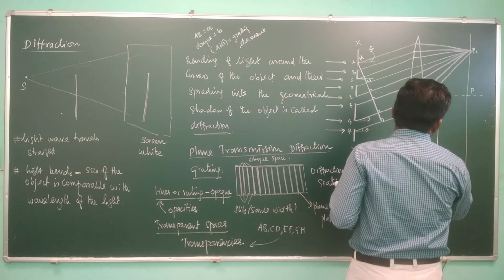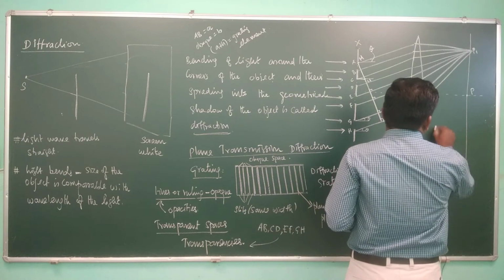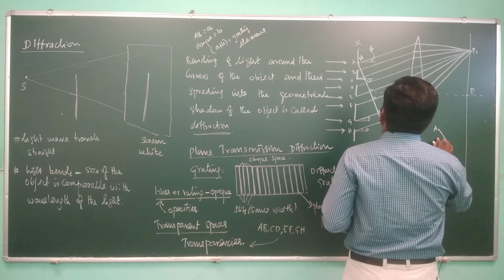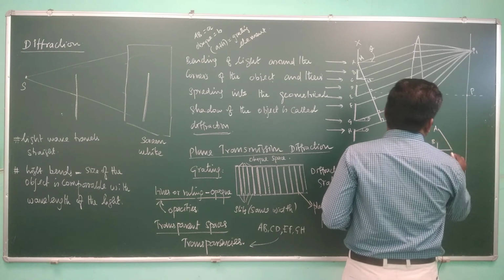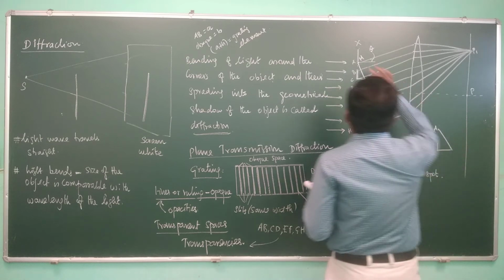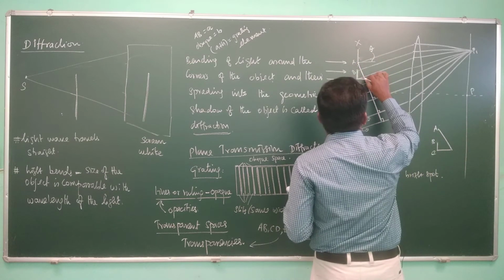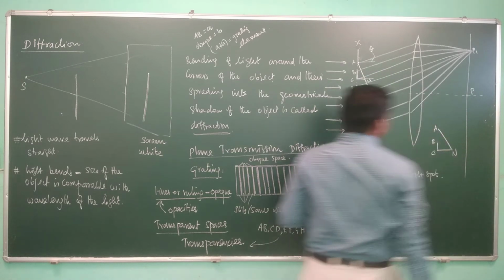It looks like this. This is A, this is C, and there is an opening here, B. And there is a point N here.